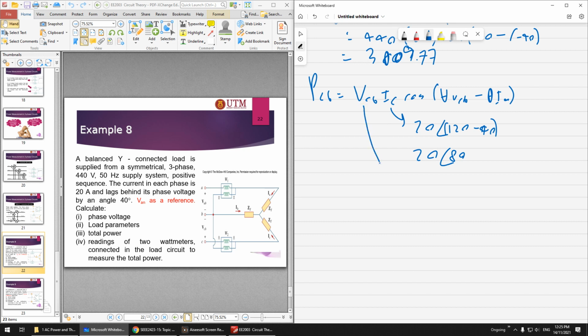So V_CB, you don't know it, so you can calculate it using mesh. So this one is V_CB, this is B, this is C, and then this one you have resistance at B. This one is V_BN.